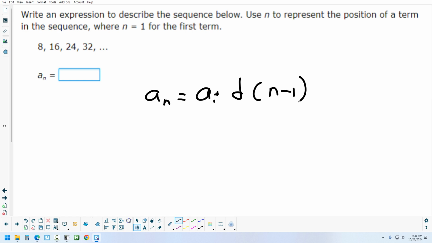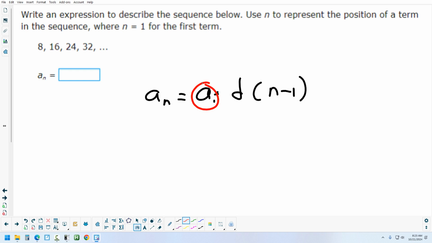Okay, what's one thing that I'm going to have to figure out in that formula? What the A1 is? Yep, definitely got to figure out what that A1 is.